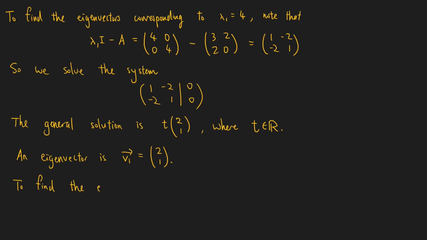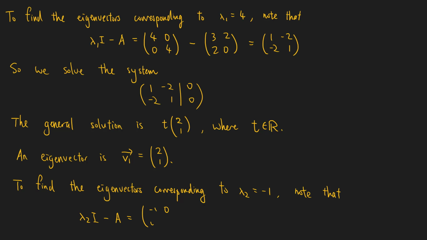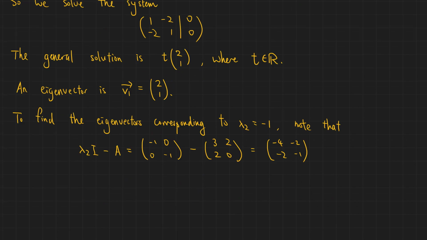To find the eigenvectors corresponding to lambda 2 equals negative 1, note that lambda 2 times I minus A equals the matrix negative 1, 0, 0, negative 1, minus the matrix 3, 2, 2, 0, which equals the matrix negative 4, negative 2, negative 2, negative 1.